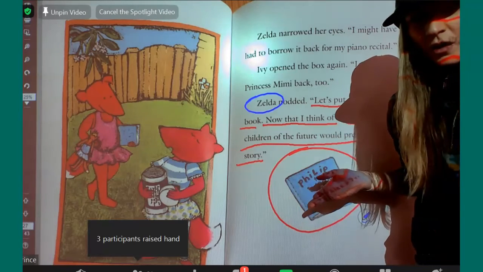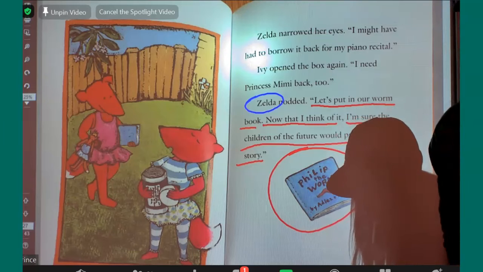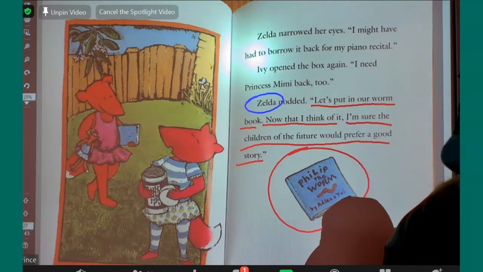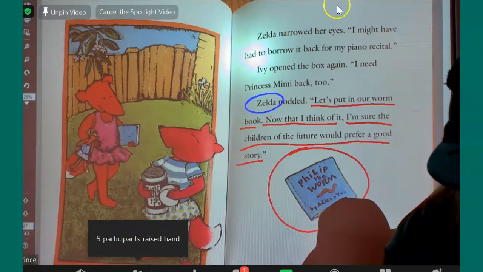Who thinks they know why they're going to put the book in instead of their most favorite things? Why would they choose to put the book in instead? Looking for somebody raising their hand. Cadence, why would they put the worm book in instead of their most favorite thing?